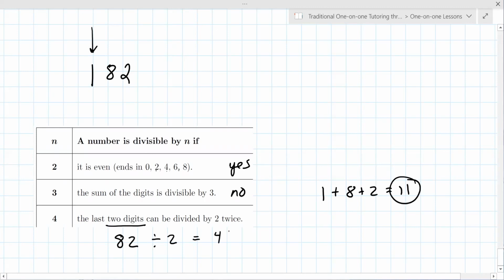It is 41. Can you divide 41 by 2? That equals 20.5, which is not even, so it's not divisible.